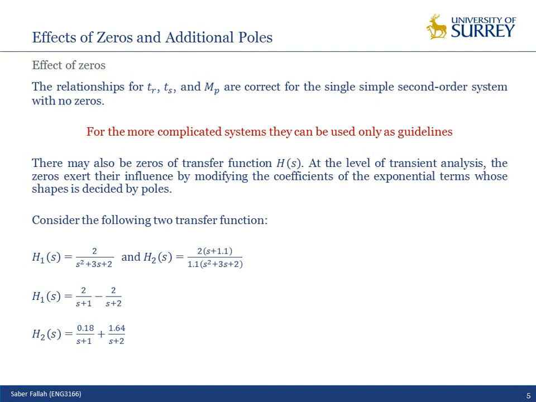Not for the pole at minus 2, sorry, here I have the minus. But for the second one it is 1.64. Not for the pole at minus 2, but for the pole at minus 1, we have a different change. If you look at the poles, I have two simple poles. It means I have an exponential response. Correct? Yep. So the shape of the response is the same for both transfer functions, but the rate is different.